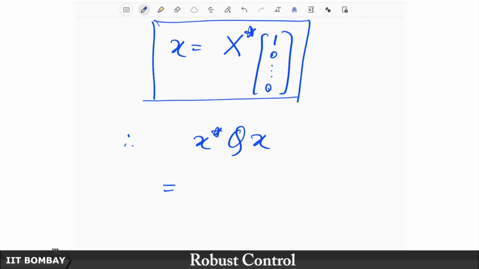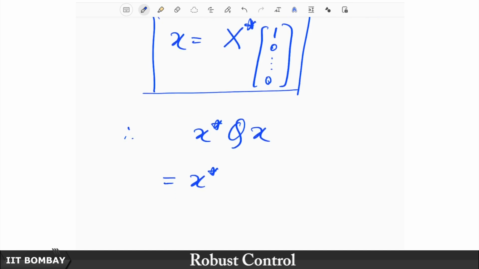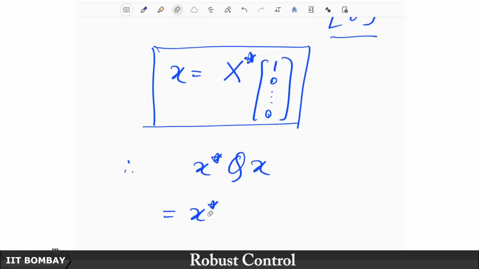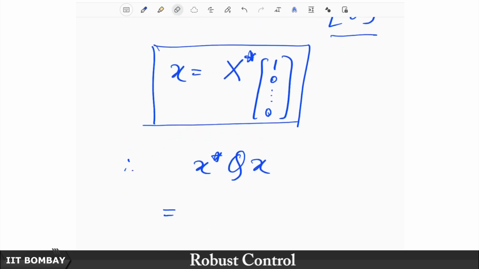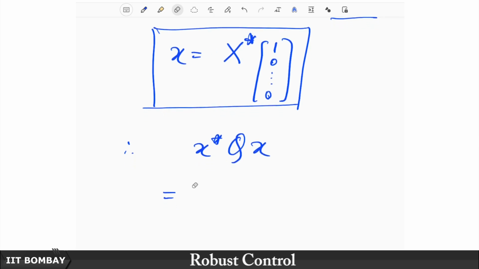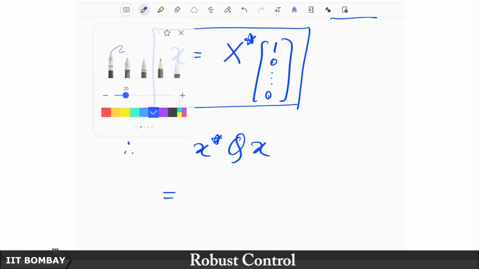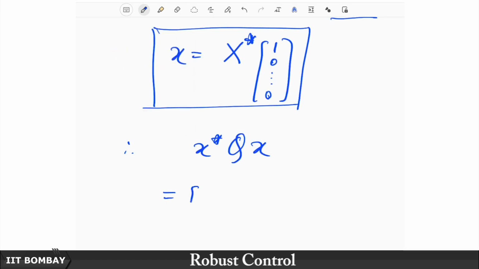But now what happens with such an x? Therefore x Hermitian Q x is going to be equal to, or rather let me open it up like this. With this choice of x, x Hermitian is going to be 1 0 0 0 till. So remember, if this is x, then x Hermitian is going to be 1 0 0 0 and then X. The order gets reversed, right.